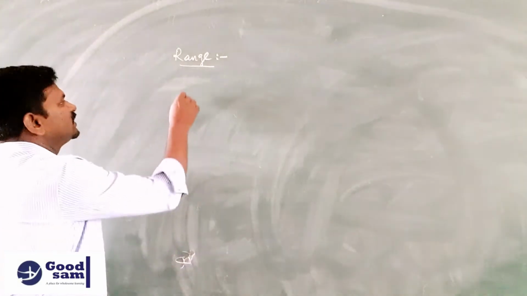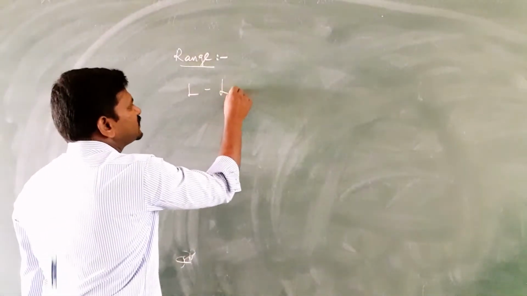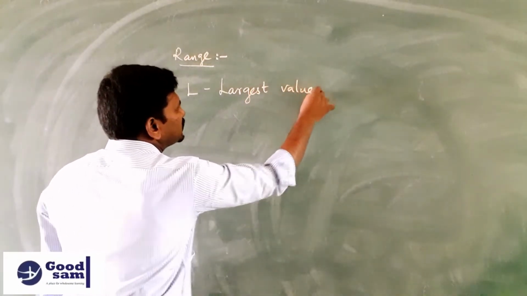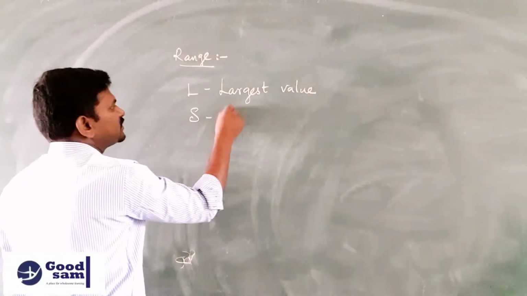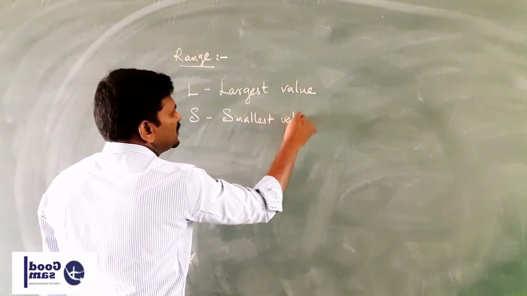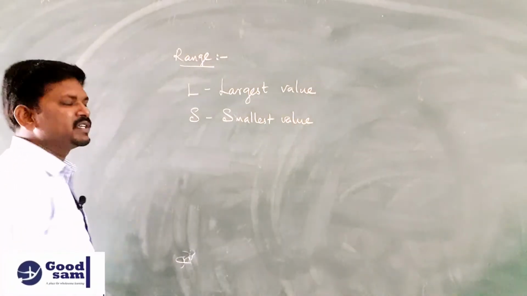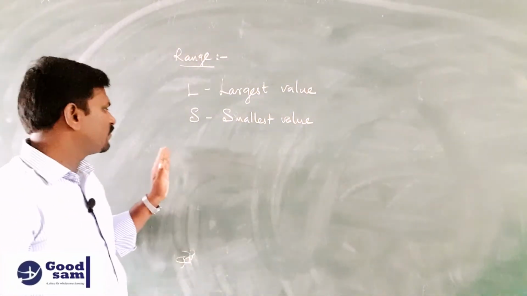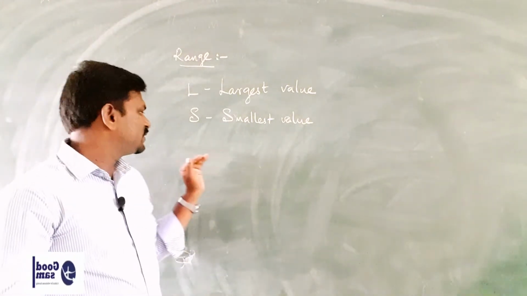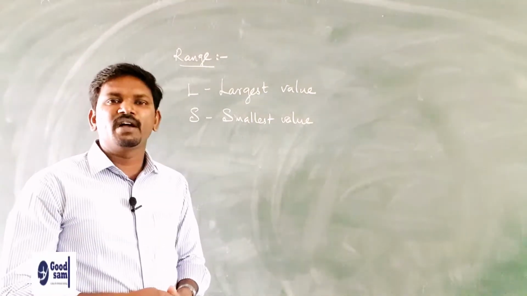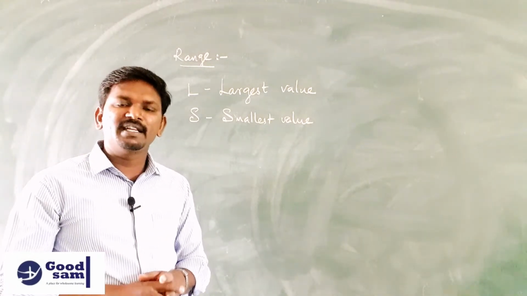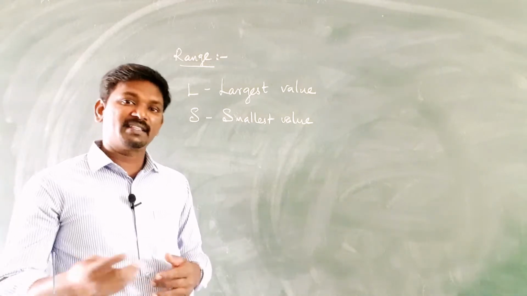Okay, clear? L means largest value, S means smallest value. Suppose there is some data, for example the marks obtained by students in the 10th standard math exam.